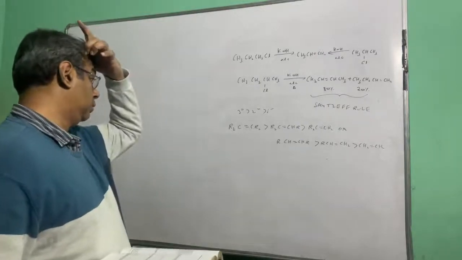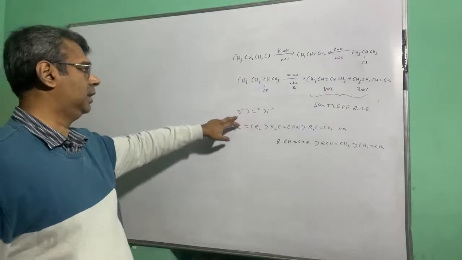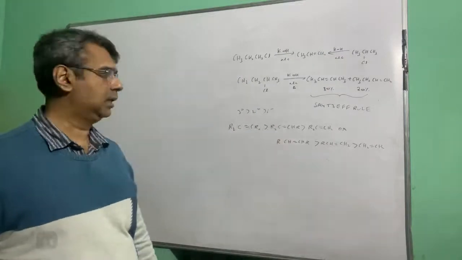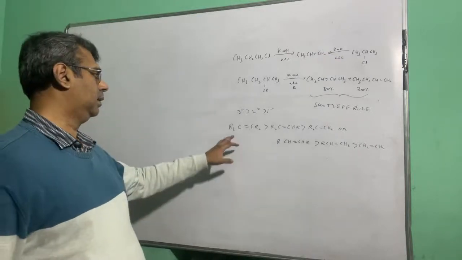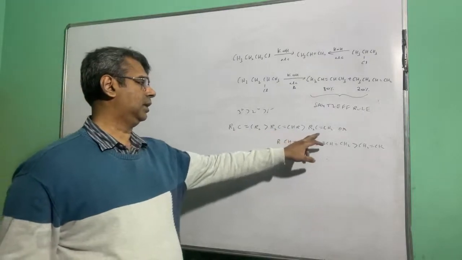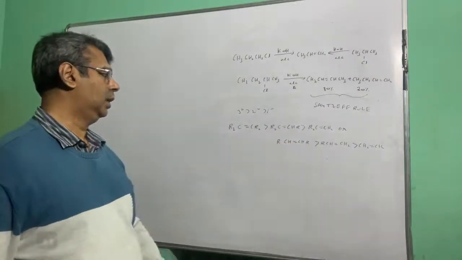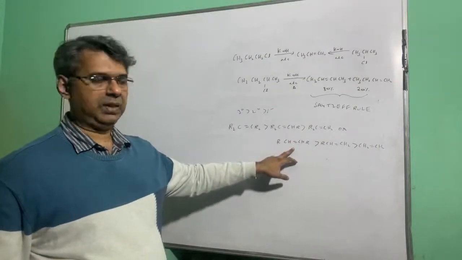So, a few things. The ease of this reaction is 3 degree greater than 2 degree greater than 1 degree. Then the ease at which you can obtain the alkene: R2C=CR2 greater than R2C=CHR greater than R2C=CH2. This one and this one have the same ease of reaction.